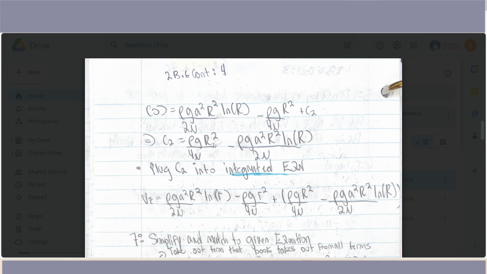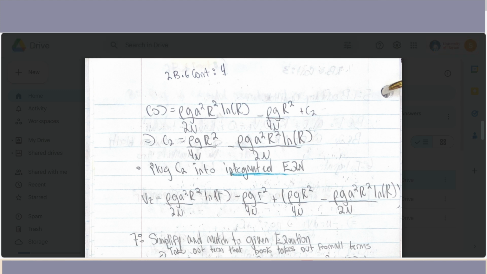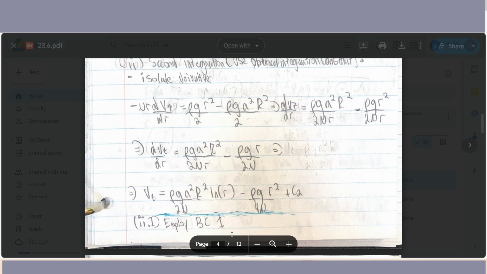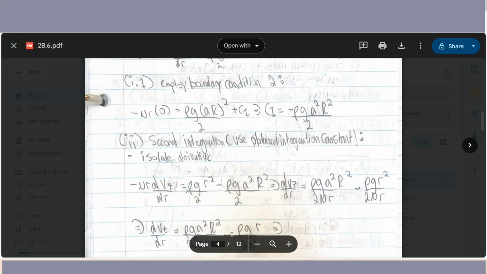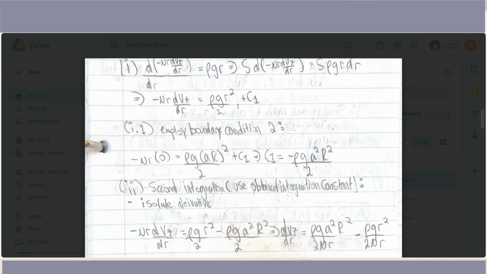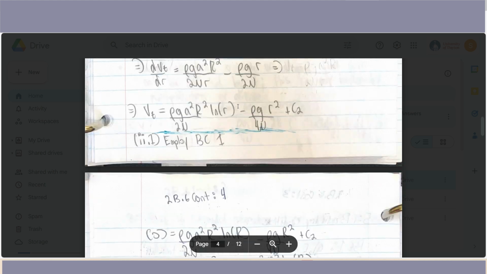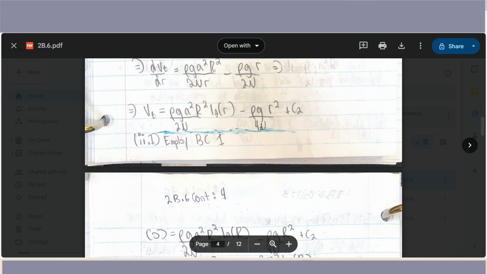And then we solve for C1, C2. Then we plug in C2 and C1 into the equation. Well, actually, we just plug in C2 because we already have C1 here. So you just plug in C2 into this, and then you'll have the answer.